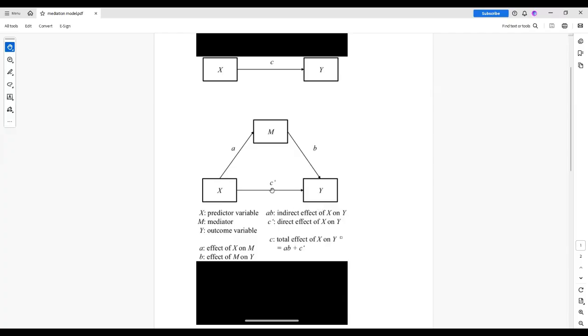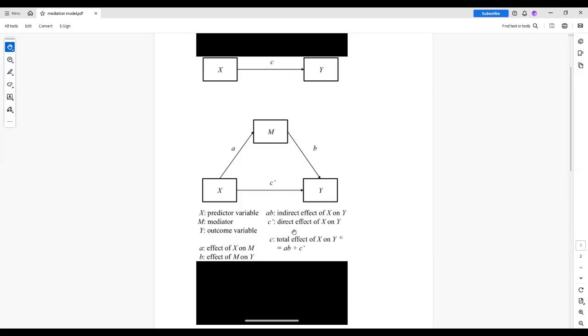And that's why we call it C prime. C prime means that it is a direct effect of your IV on DV when this direct effect is accounted for the mediating effects of your mediator. That means that we remove the mediating effects of your mediator from the total effects, and the remaining direct effect of your IV on DV is called C prime.